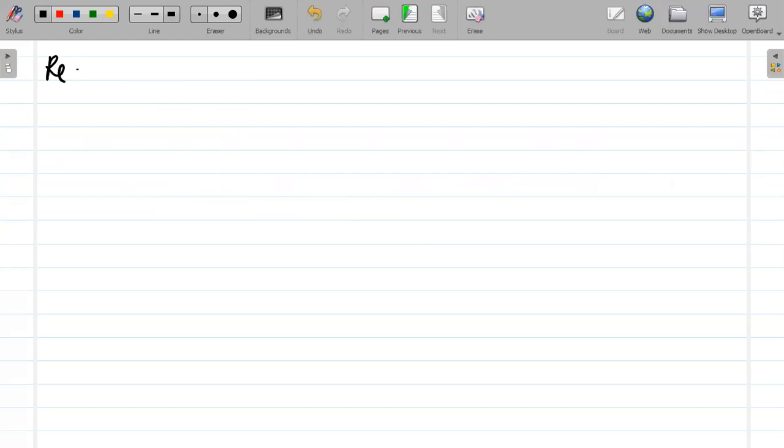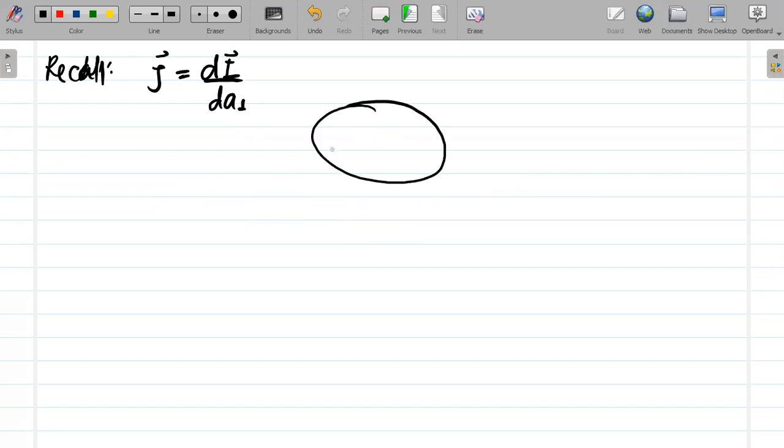Now class, let's recall that our volume current density is given by dI over dA perpendicular. So, kunwari, cross-section tayo nung volume. Let's say this is your small area. Gawin nating delta A, so wag na nating gawing dA kasi baka isipin nyo parang point lang siya.